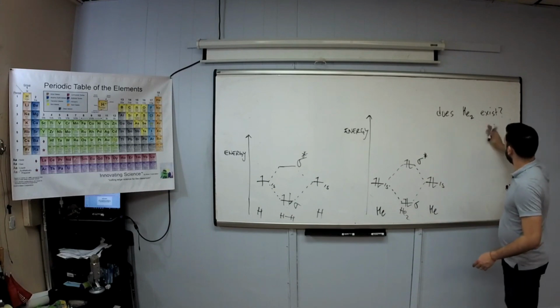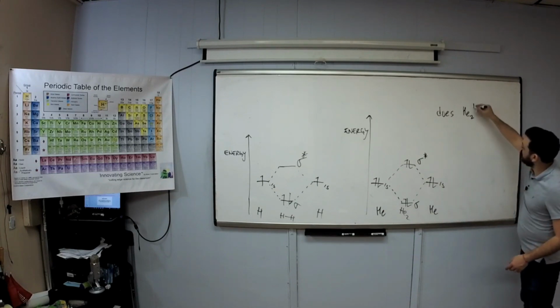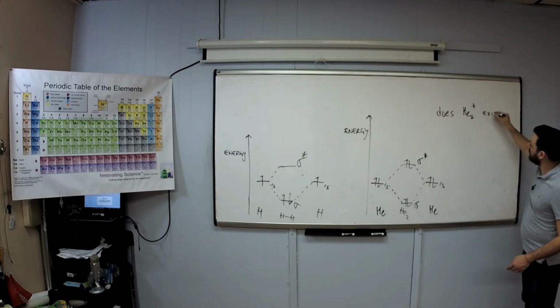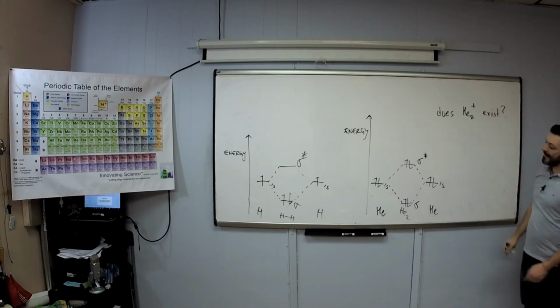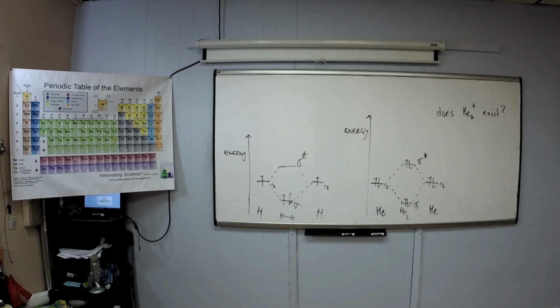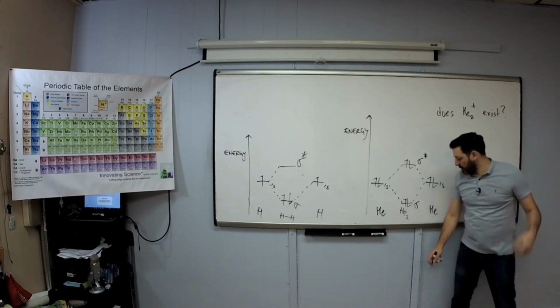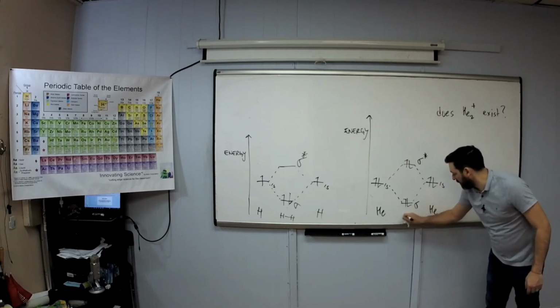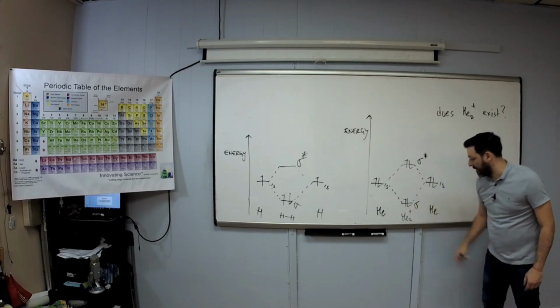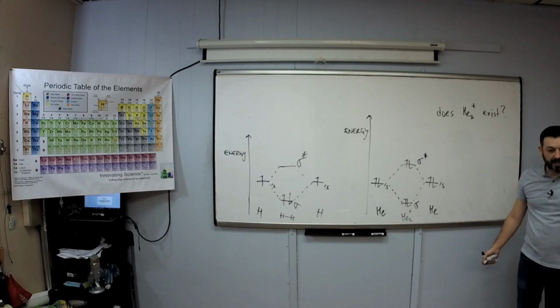How about this? Does the helium-2 cation exist? How would you get that? Well, to have a helium-2 cation means that one of the electrons has been removed.